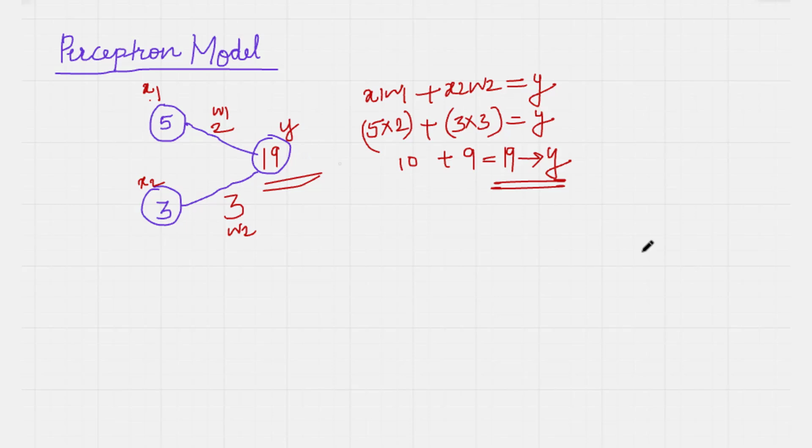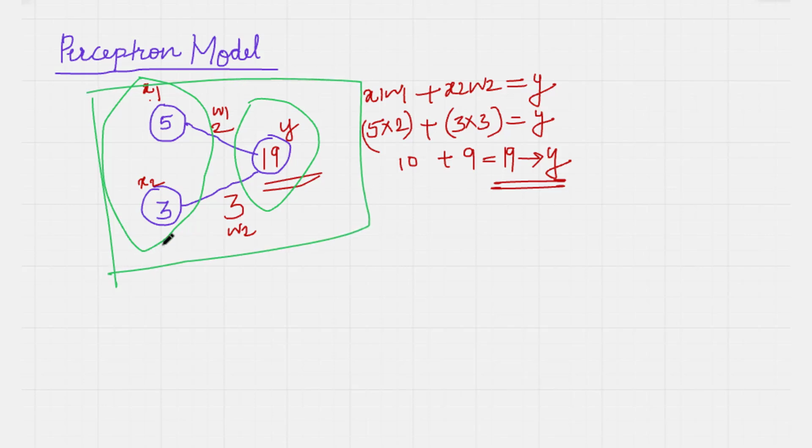Does it look familiar? Yeah, it's a dot product between the values of the nodes and the weights connecting them to the next node in the next layer. Say this was your layer 1, and this is your layer 2. But for simplicity, we call this the input layer.